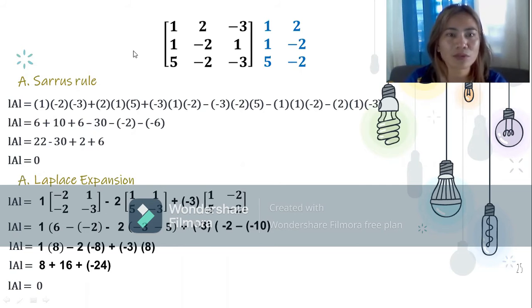So using the Saros rule, take out the first and the second rows. So 1, 1, 5, 2, negative 2, negative 2.